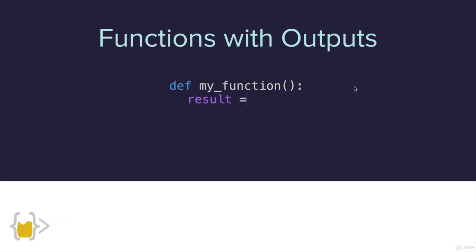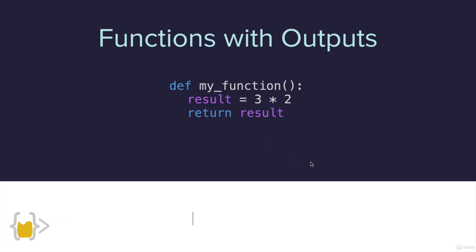And within the body of the function, I'm going to do some piece of calculation. Let's say I'm going to calculate what is 3 times 2 and then save it to a variable called result. Now, once that's done, I can use the output keyword, which is return, and then after that keyword, I can put whatever it is I want to be the output of this function. So in this case, the output is the result.